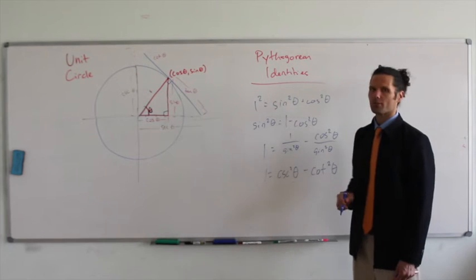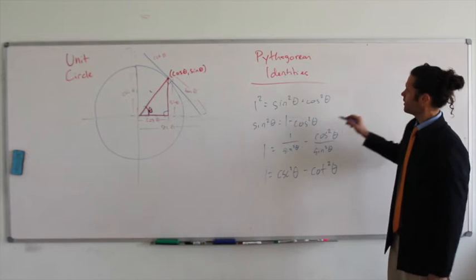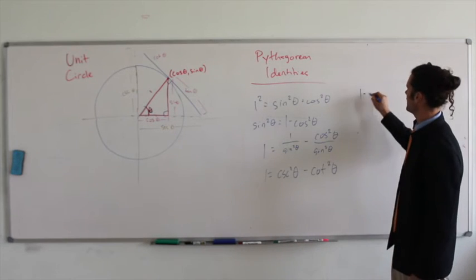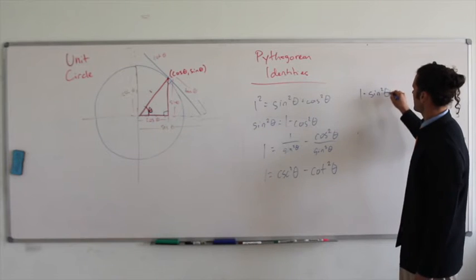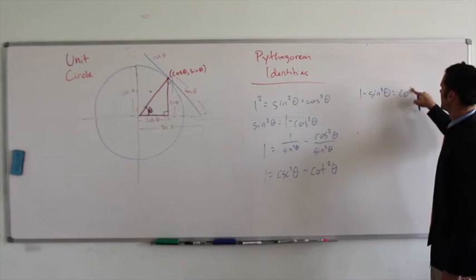So this is another one of our trigonometric identities. We could have subtracted sine over the other side, in which case we would get 1 minus sine squared theta is equal to cosine squared theta.